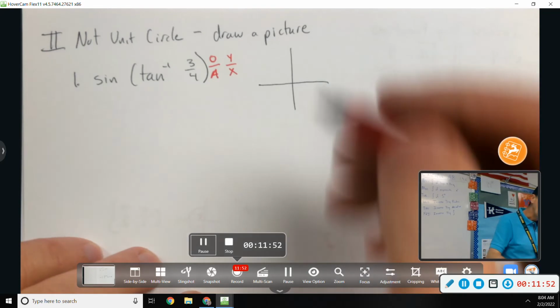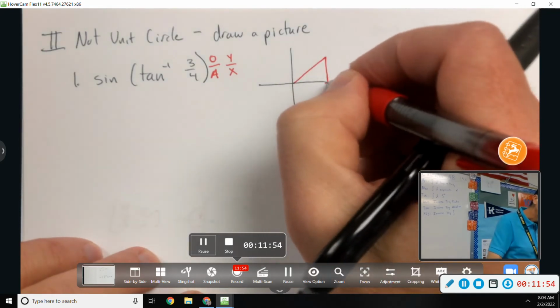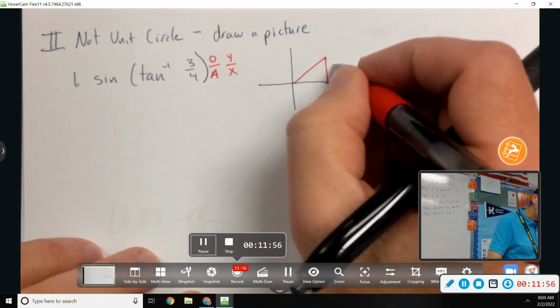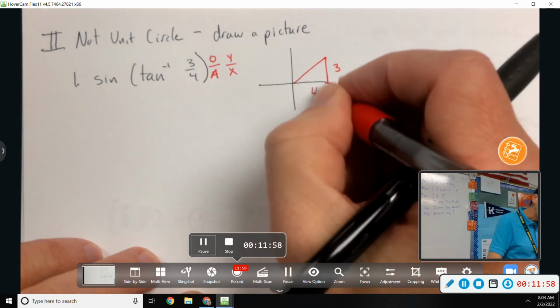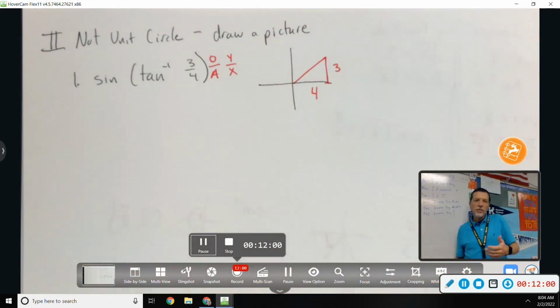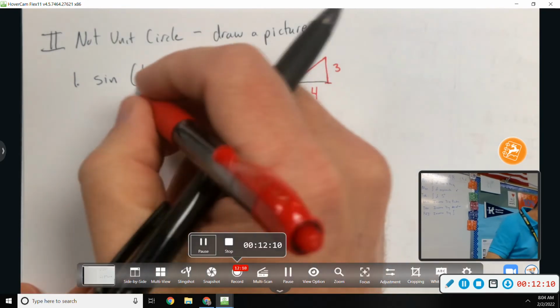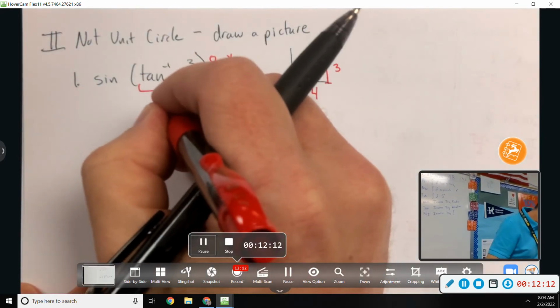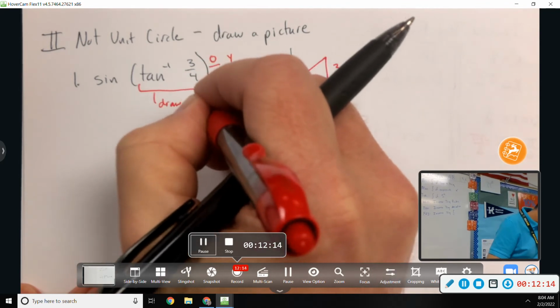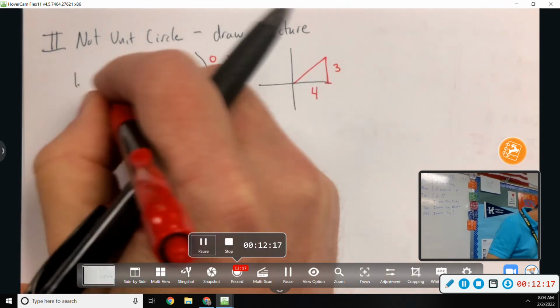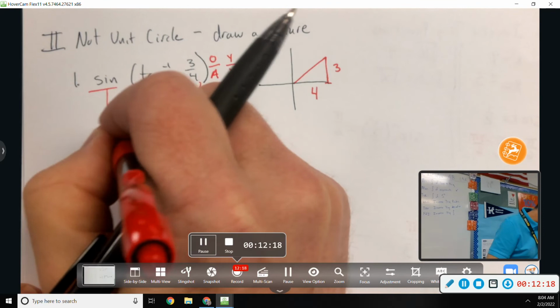So I can draw a picture, and I'll make the y be 3 and the x be 4. Or the opposite is 3 and the adjacent is 4. You can use SOHCAHTOA, or you can use x's and y's and r's, either one. And so you'll use the inside info to draw a picture, and then you'll use the outside one to answer the question.